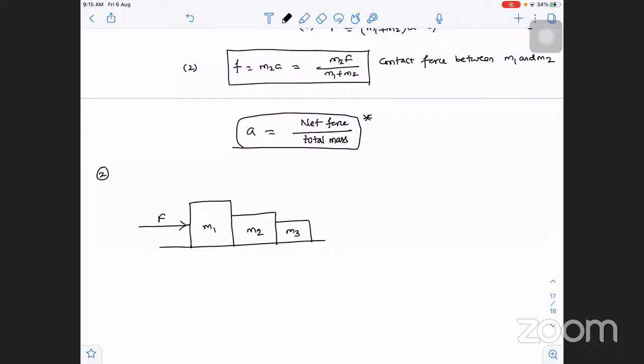So what we have to do? We have to find out the acceleration of the blocks. We have to find out f1, which is the force between M1 and M2.